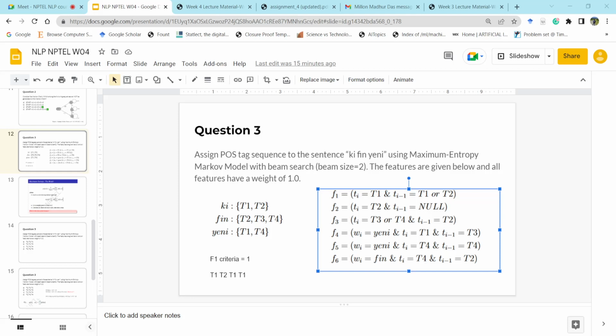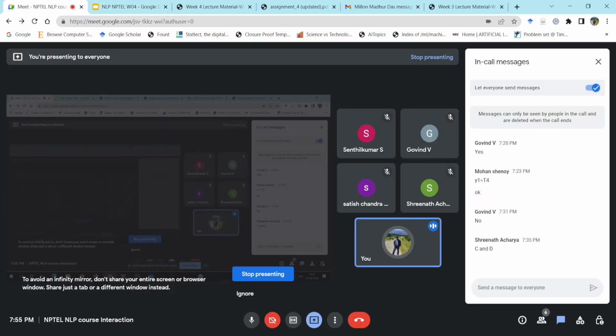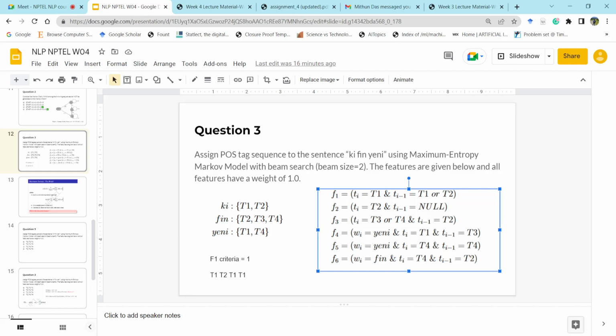Now Wi is equal to ki and Ti is equal to T2. Let's again look at these features and tell me how many of them are true. They just have to match. One thing to remember is Wi is equal to Ki and Ti is equal to T2. Is the first one true?